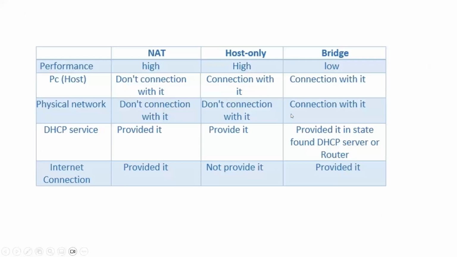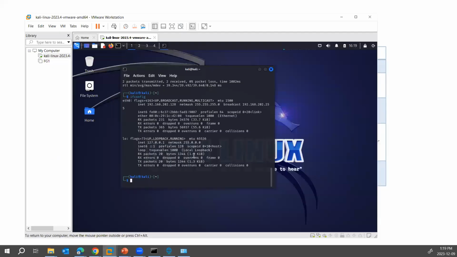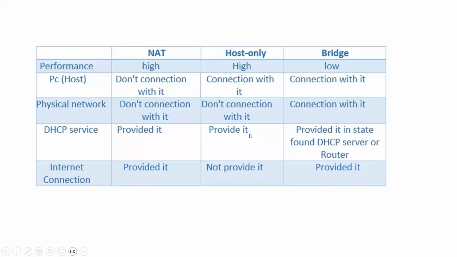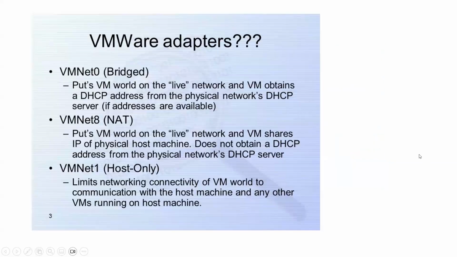For DHCP, we have it under NAT and host only, and bridge gets DHCP from the modem. And then the internet connection. If you want to reach the internet, let's see, we ping 4.2.2.4. We don't have connectivity here. So under host only we don't have connectivity, but under NAT and bridge we have an internet connection. Here also are the interfaces: bridge VMnet 0, VMnet 8, and VMnet 1.